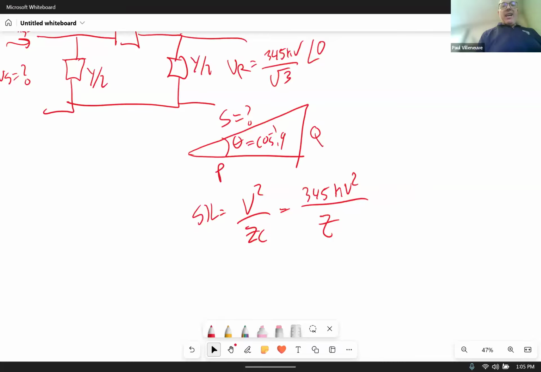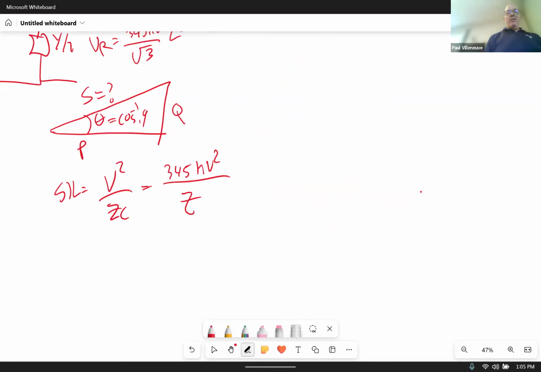So once I have S, and I'll just call it SIL, it is equal to square root of 3 times, well, I'll just actually put the voltages in there to make it easier. 345 kV at an angle of 0 times the conjugate of IR. IR is unknown, right? So I'm solving for it.